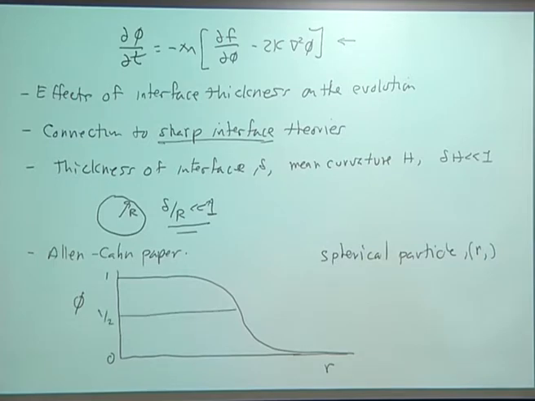That's 1/2, midway between the interface, and you might think that this in fact locates the interface of the particle. That's at some time t1. At some later time t2, greater than t1, it goes out to here.